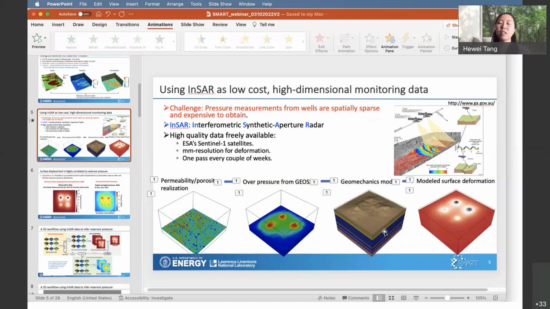These parameters are fixed in our case. I know some other works make these variables tunable to match with InSAR data. Yeah.